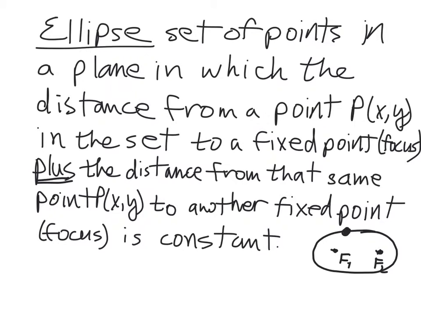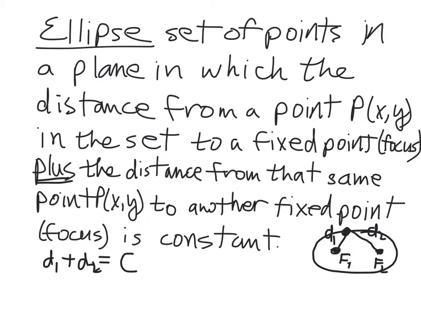And we'll pick out this point on the ellipse and illustrate what this definition means. So the distance from point P to one fixed point, one focus, plus the distance from that point over here to this other focus, we could say D1 plus D2 is some constant.